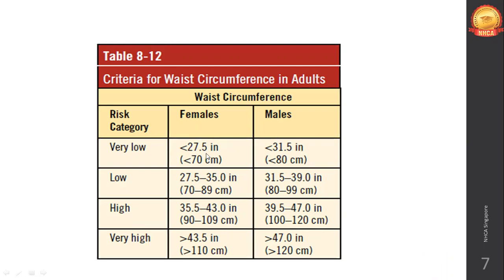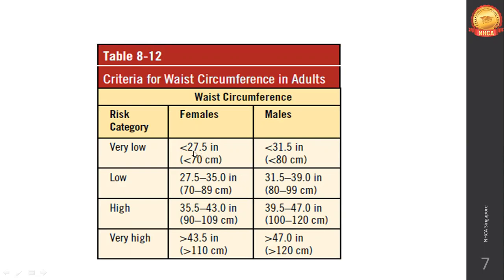For females, nowadays everyone wears trousers or denim jeans, so whatever size you go by, your 32 inch, 30 inch, 28 inch, whatever is the inch size of your denim jeans, that will determine whether you are in the overweight category, obese, medium, or whatever.